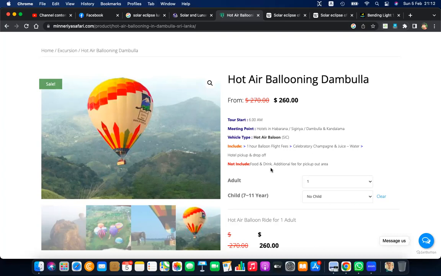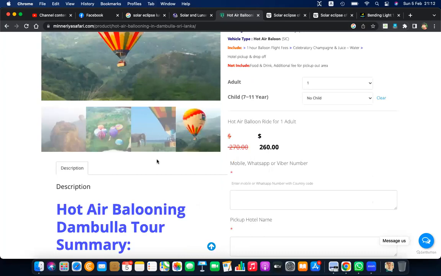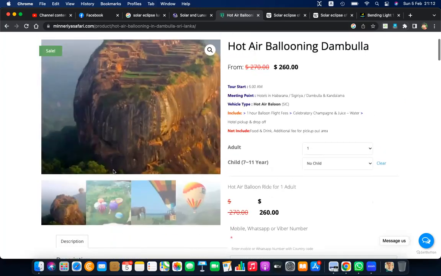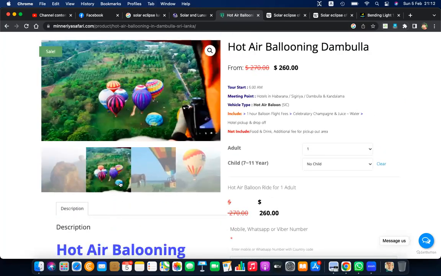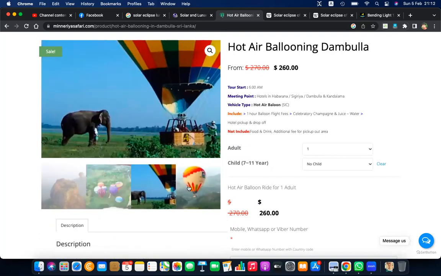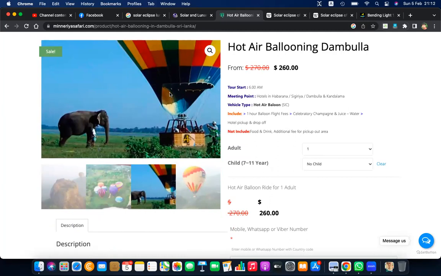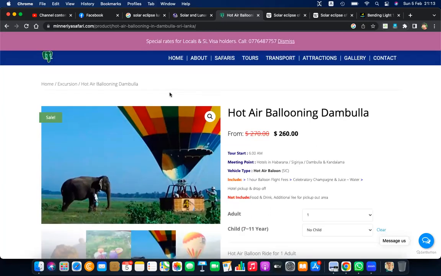Hotel pickup and drop off, food and drink, additional fee for pickup out of area. Okay, $260, right? Nice one, right? You should try this. $260 means it's a bit expensive, but better try this sometime.